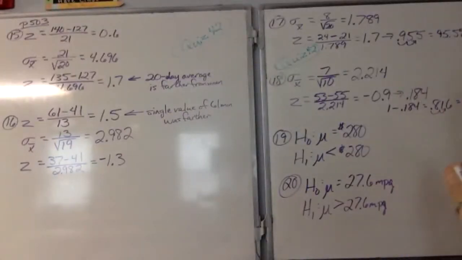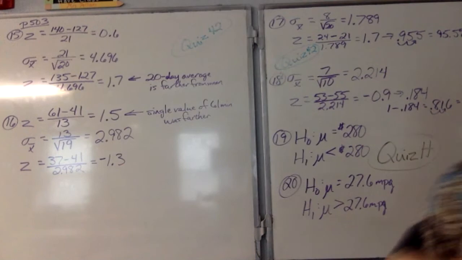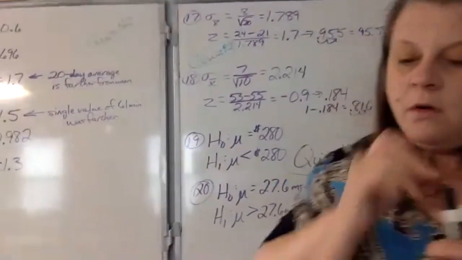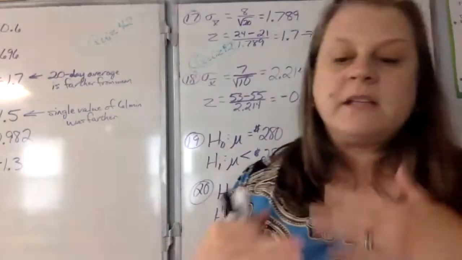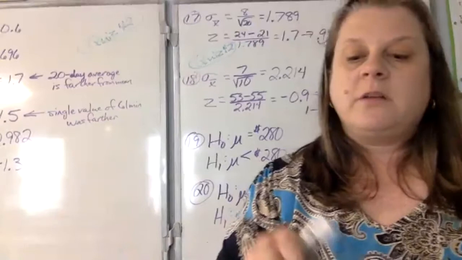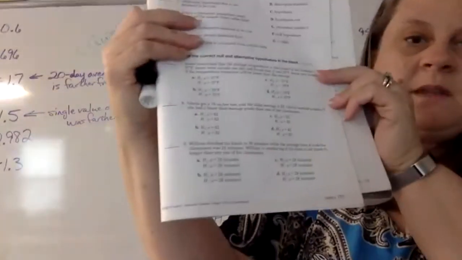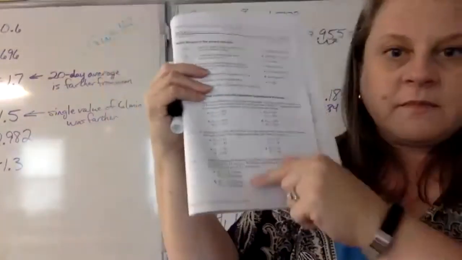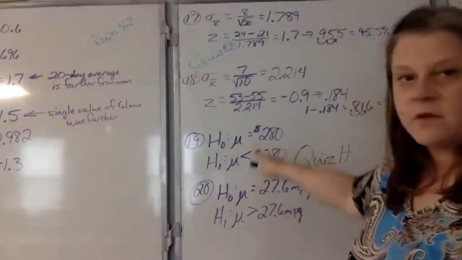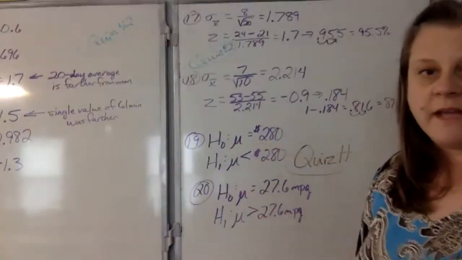So this part, number 19 and 20, is what you're looking at for quiz H. For example, it gives you the situation and then you just pick. Here, I'll show you mine real quick. See, it's multiple choice. It'll have 4 different sets of these for each question and you pick the right set.